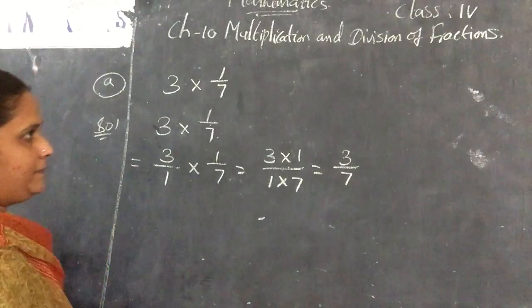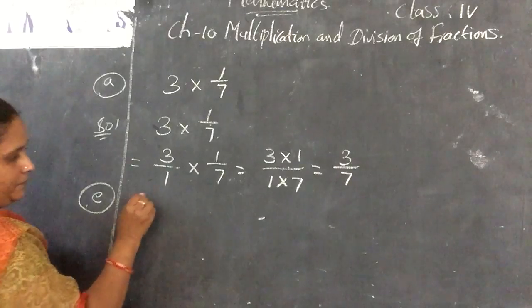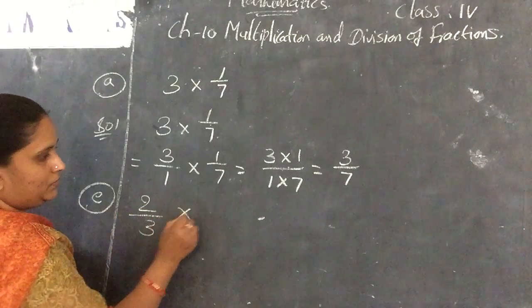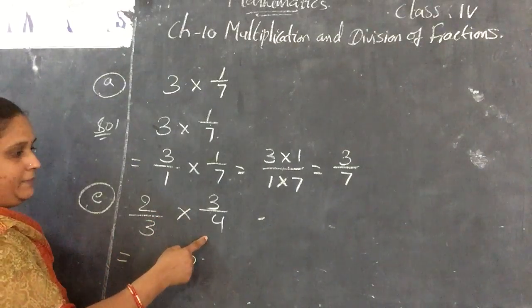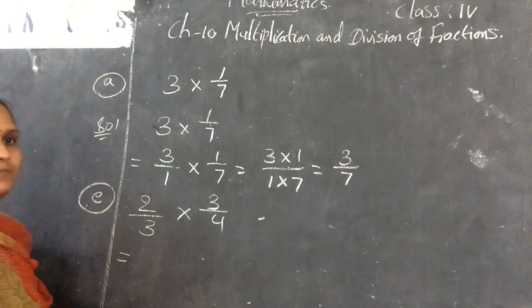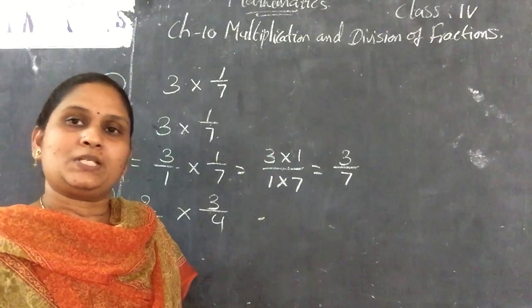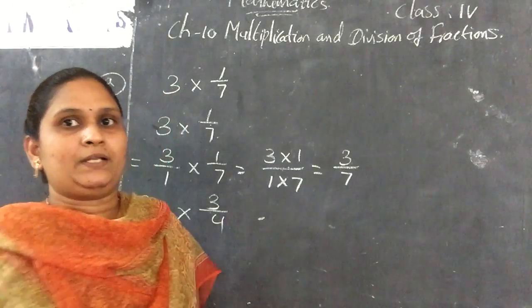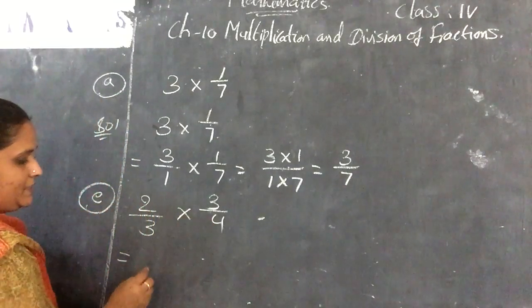And next, sum E. 2 by 3 into 3 by 4. Here you can observe, we can do the cross division also. Cross division means first numerator with denominator, numerator with denominator.